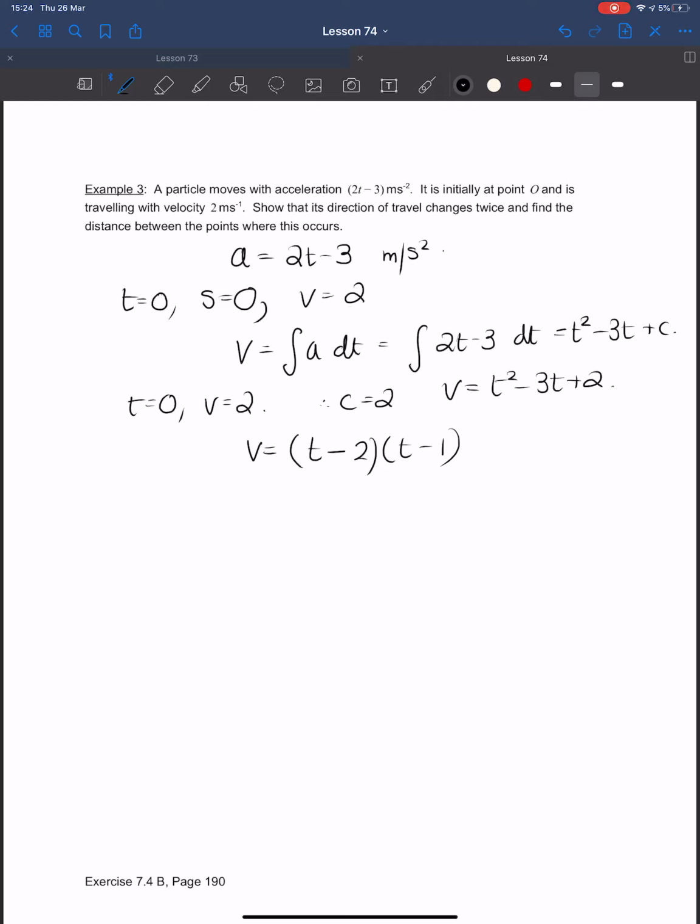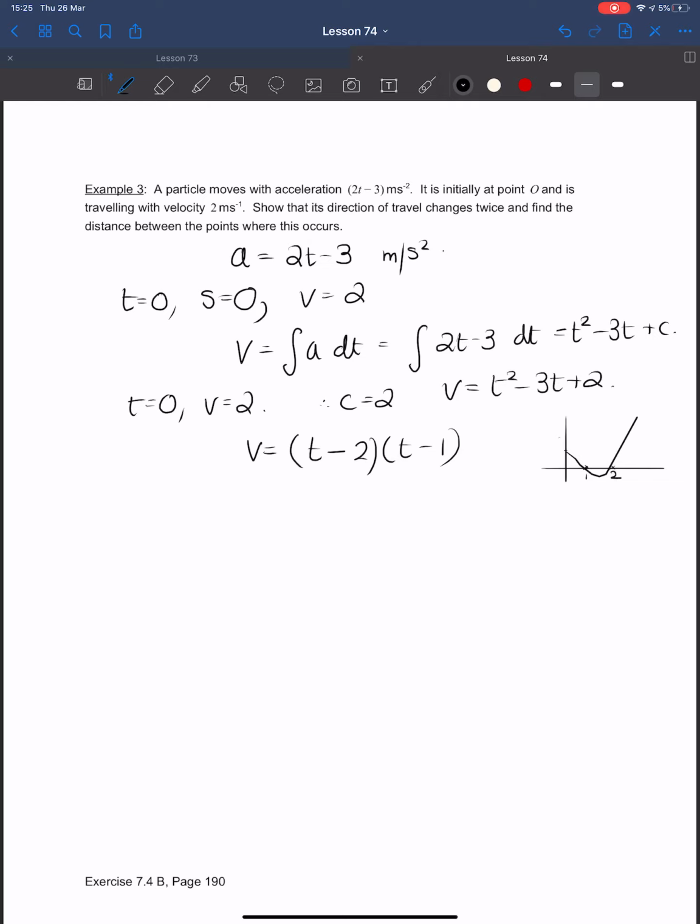Okay, and now if we sketch that quadratic, what we'll have is it will come down and it will cut the x-axis at 1 and at 2. So it'll come down and up like so. Just make that a little bit tidier. That's 1 and that's 2.